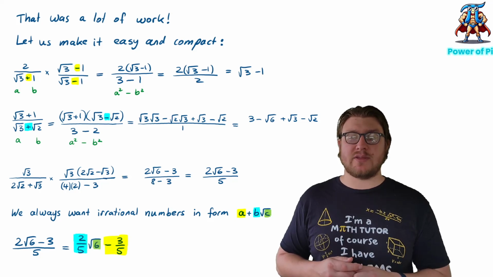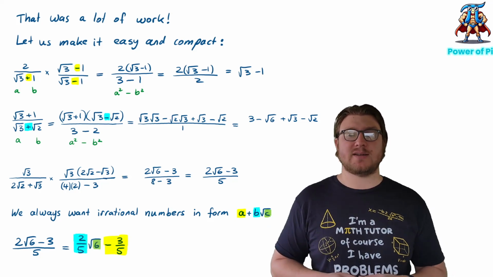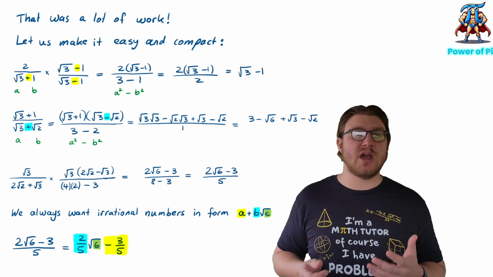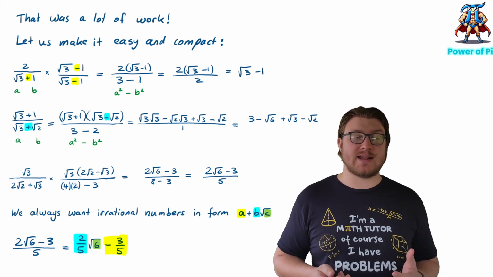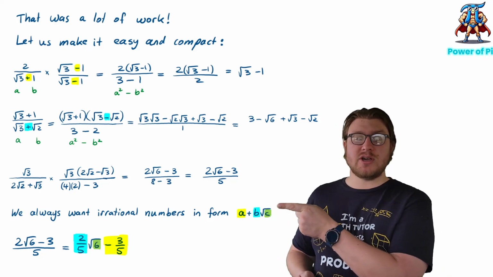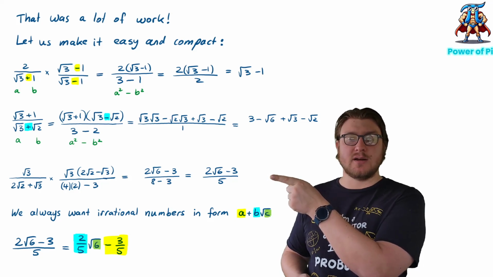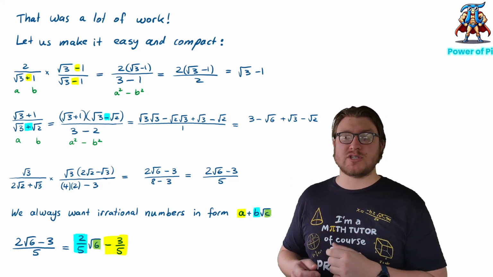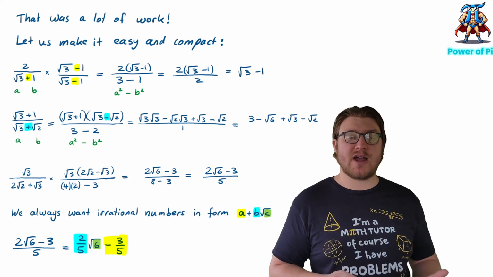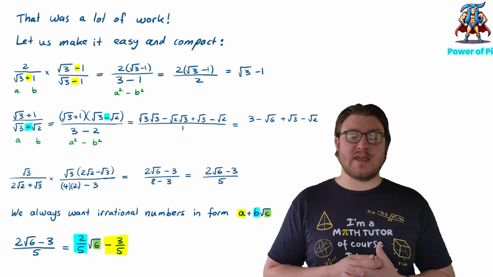So if we look at that over here, we can separate it, and this is usually required for most of your questions in the exam. They will say, put your answer in this form, and you have to get rid of the denominator if they have square roots, and then separate the fraction so that it is exactly in that form.